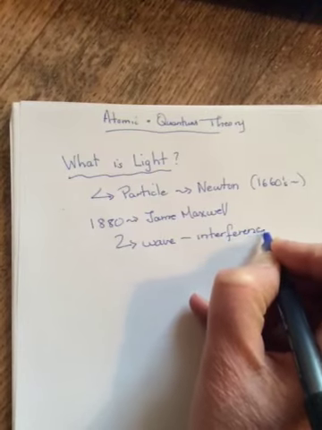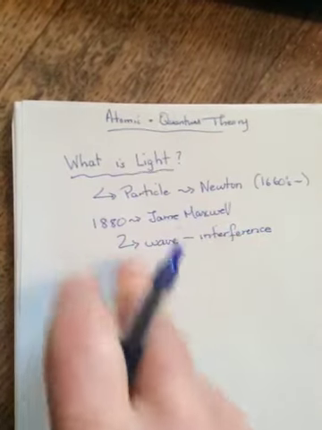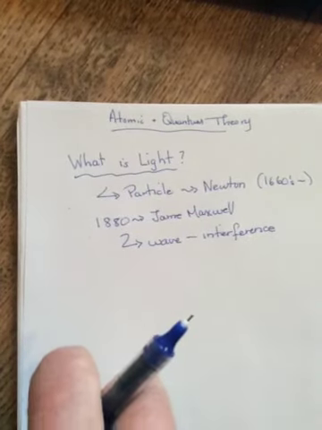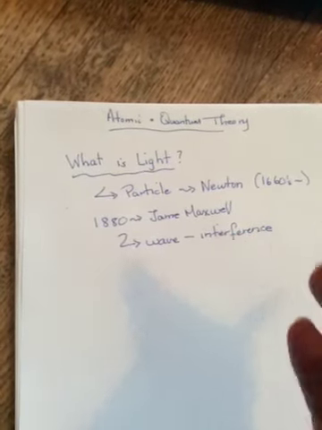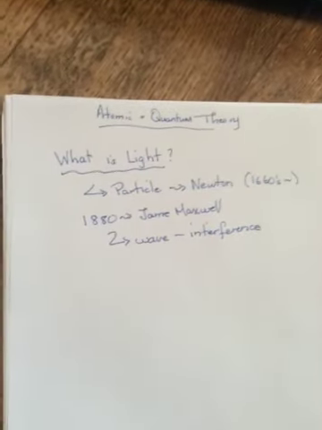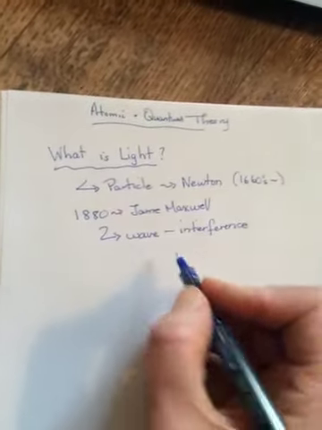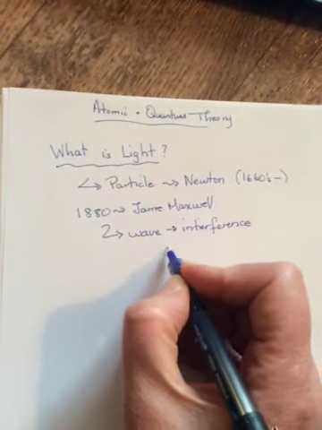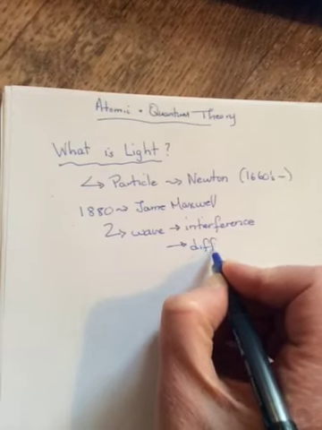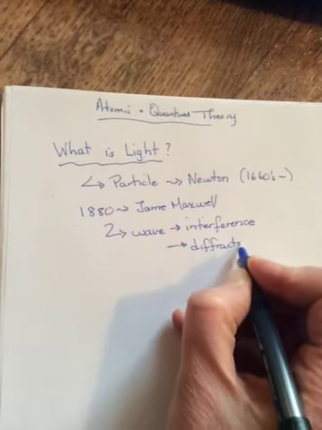You remember when in grade 11, we used the ripple tank, and we did interference between waves, and we know sound waves interfere, and light interferes with itself. Two sources of light will interfere. So they thought, light must be a wave. And we also know that light diffracts, just like sound diffracts. Right?